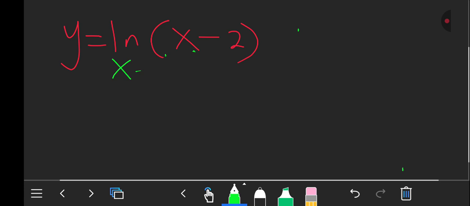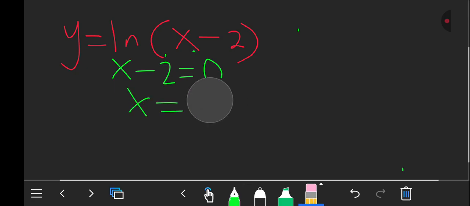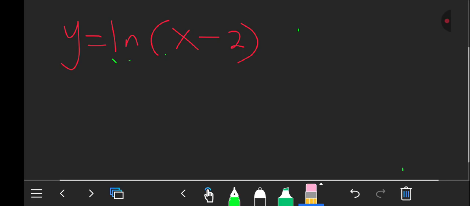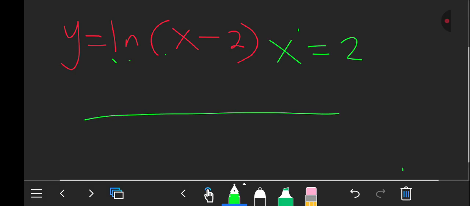We can just say x minus 2 is equal to 0. You just equate what is in the brackets. So x will be equal to 2. Since we know that the asymptote has been shifted to x is equal to 2, we are going to draw like this. The graph was like this.